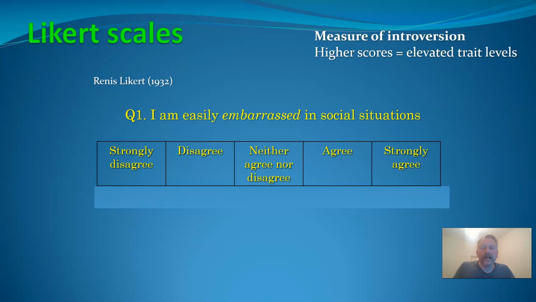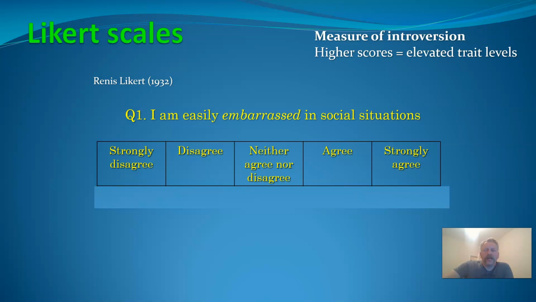So all we can do then is just enlarge this yes/no, this 2-point response scale, and instead we can adopt something that René Likert developed back in the 1930s, where literally we just extend that yes and no into, for example, a 5-point scale here. Let's say we've got a measure of introversion, and the highest scores that people obtain on this questionnaire indicate that they have higher levels of the trait of introversion.